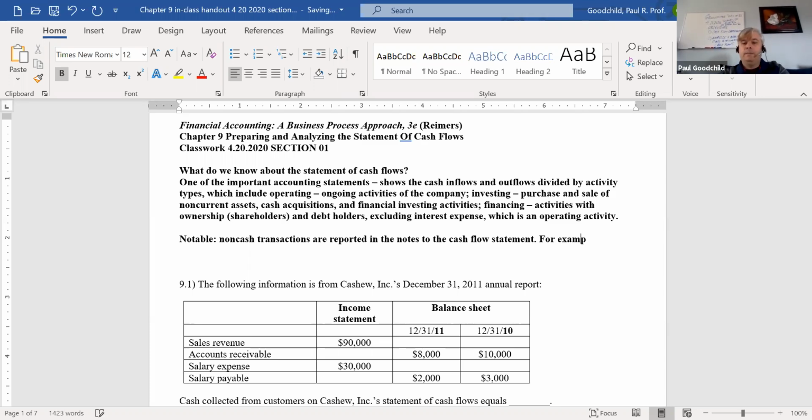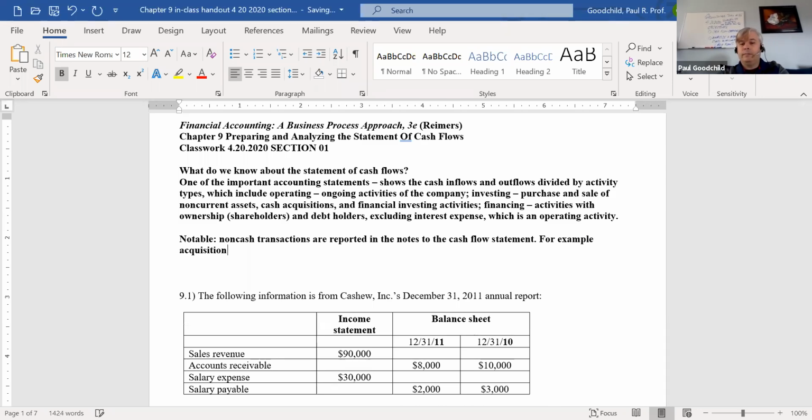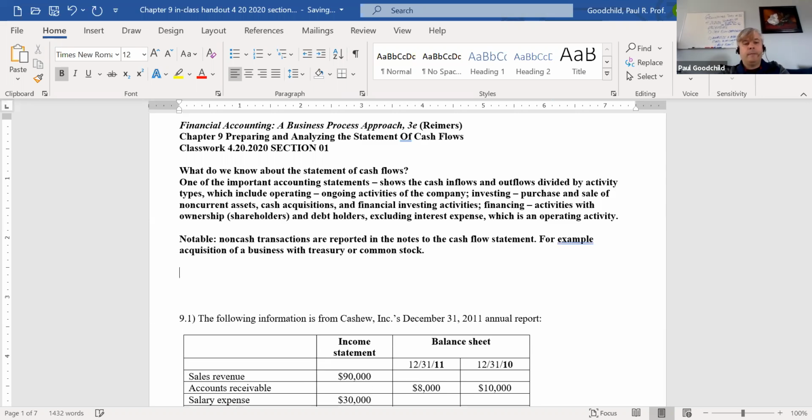For example, acquisition of a business with treasury stock. Okay.